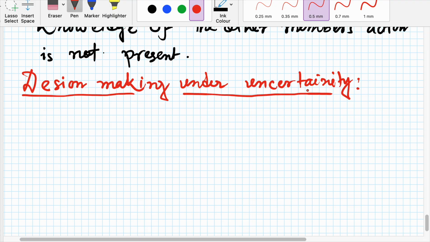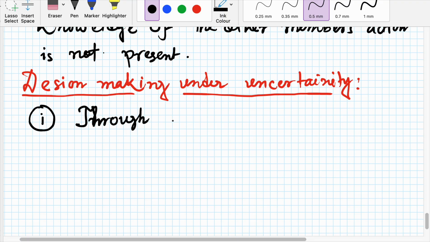Now how can one decide which action to choose? One way is, if I can express this uncertainty through probability, there is a way called the VNM utility.